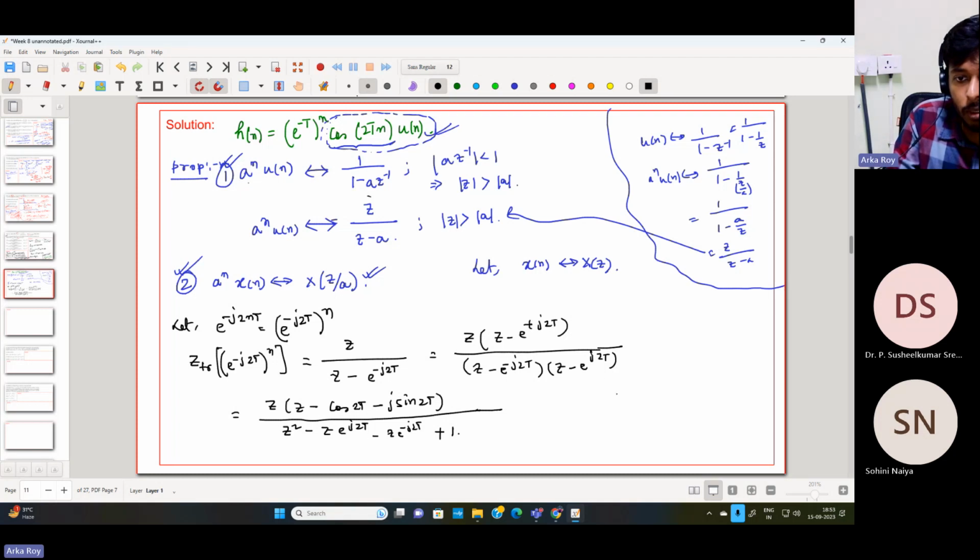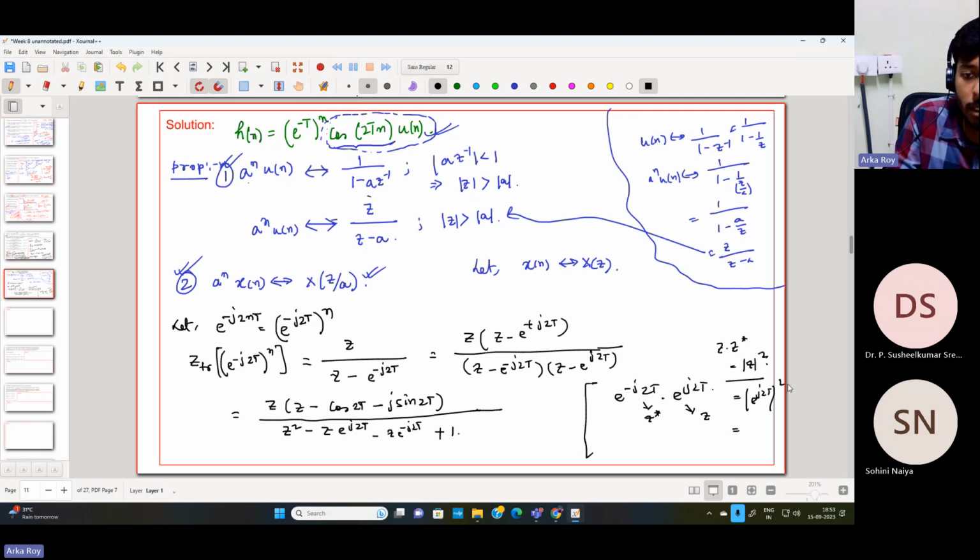So why is this 1 coming? e to the power minus j2t multiplied with e to the power j2t. I can consider this as z and this as z star. So z into z star is basically mod z squared. And mod z is what? Mod of e to the power j2t, squared.